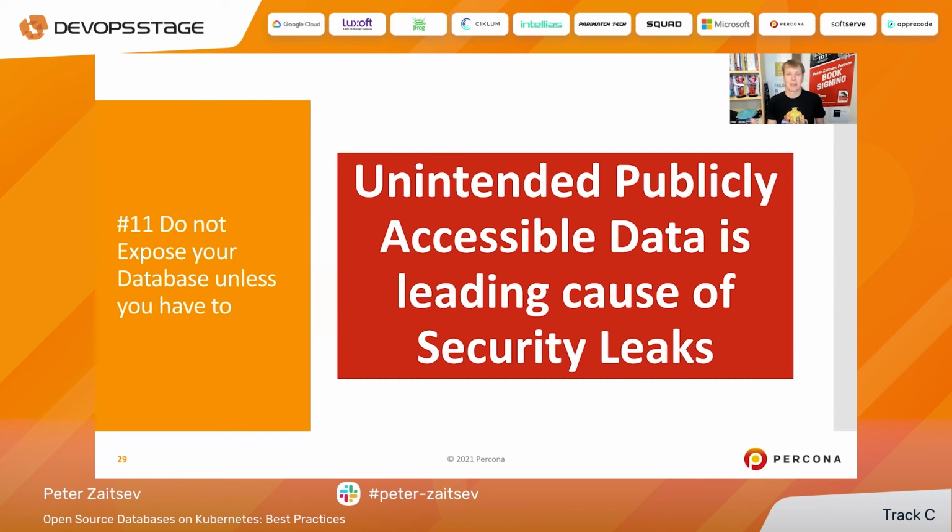If you have applications which are talking to a database from other clusters, well, you'll have to expose your database, but also make sure you have appropriate firewall controls, so it's not something where anybody from anywhere can connect to a database, because that is a huge security leak, and we have seen a lot of problems in the industry with folks either exposing their databases or often exposing their backups.